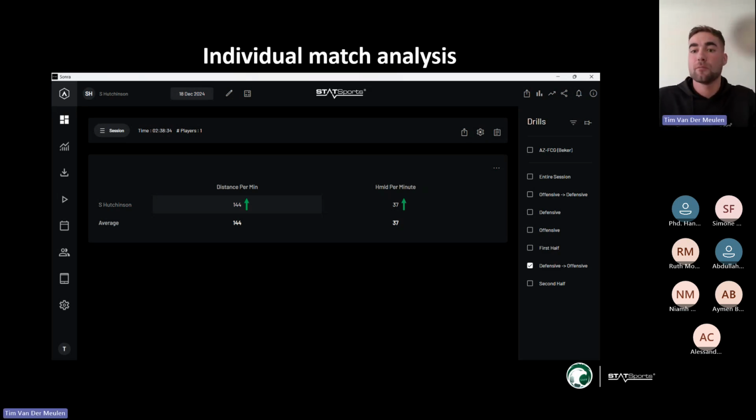So again, this player might be more likely to play a big role in the offensive style of play. But as you can see, this information can provide insightful information to visualize next to the context that you're having during a game.